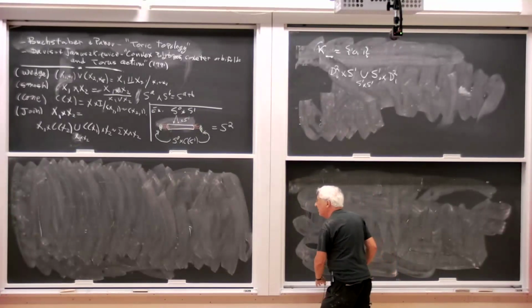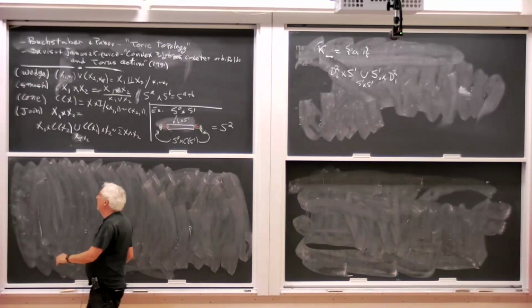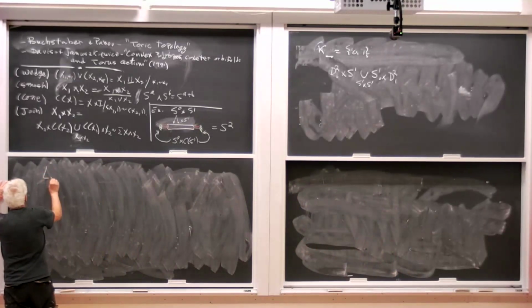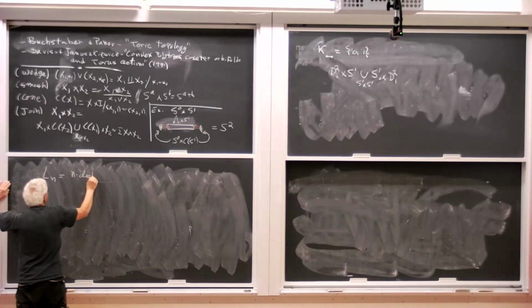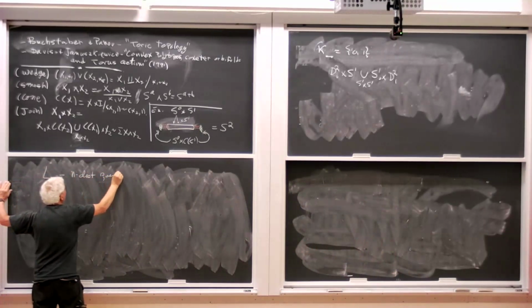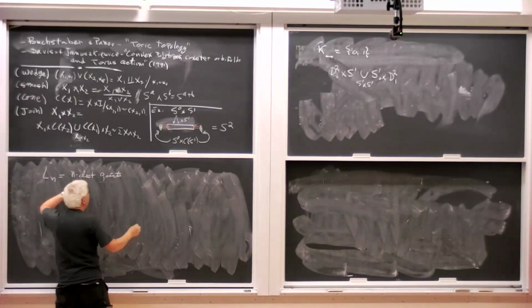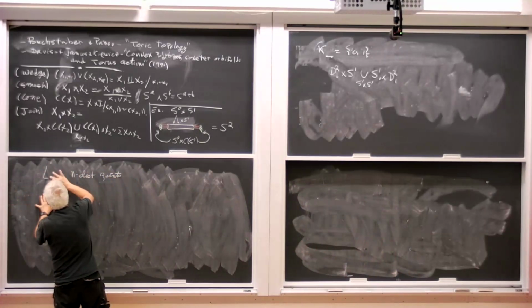So the example I'm going to use, I'm going to get L_m, m distinct points.